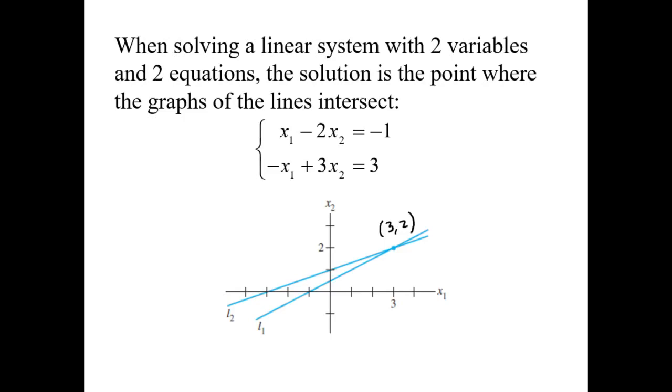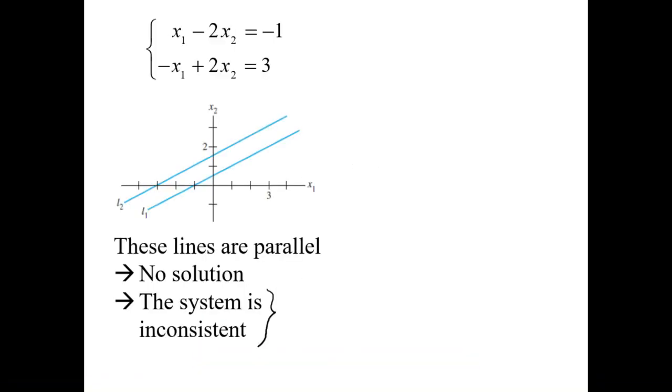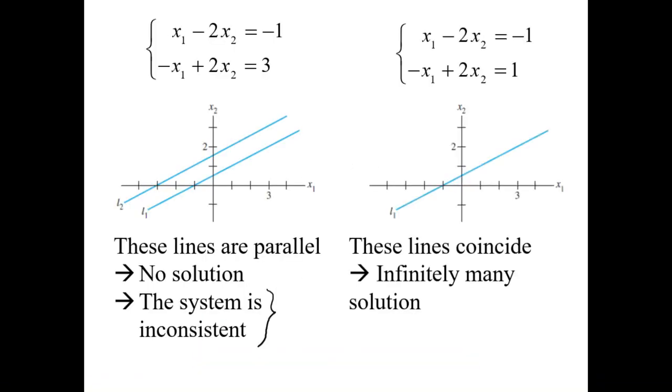So in this case, we had one solution, and we could describe the system as consistent. If we had many solutions, we would also call that consistent. So the word consistent means there's at least one solution, maybe more, but at least one. The word inconsistent means there is no solution.